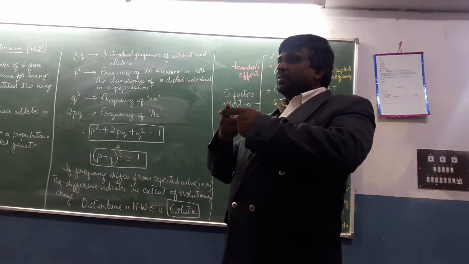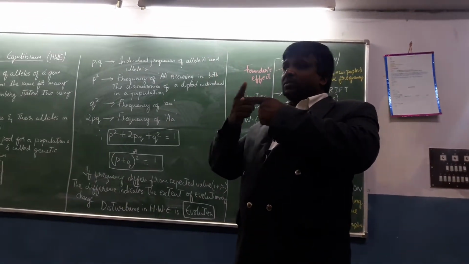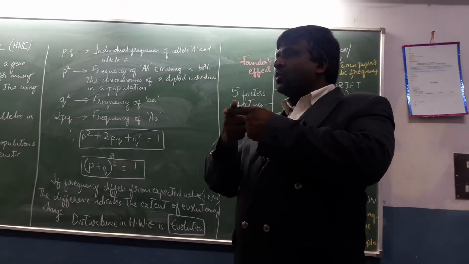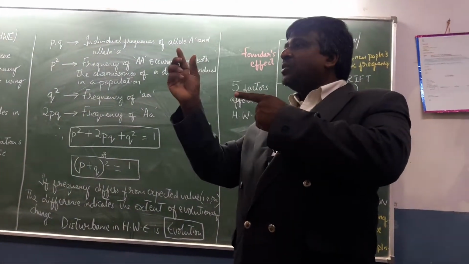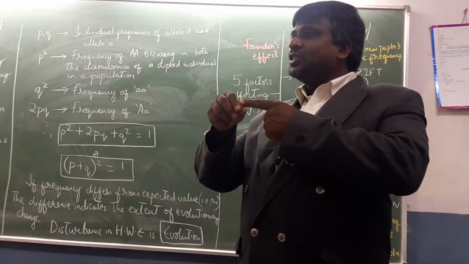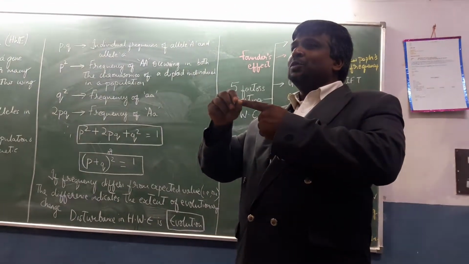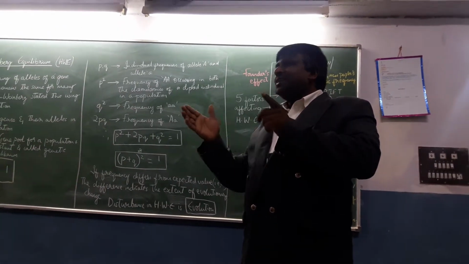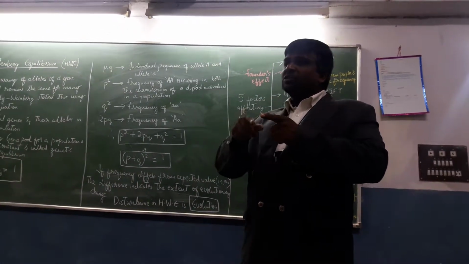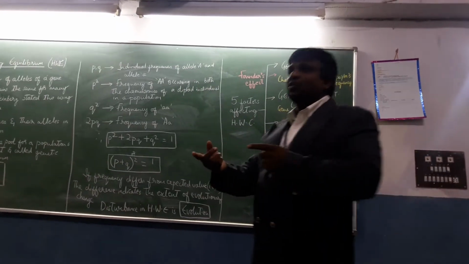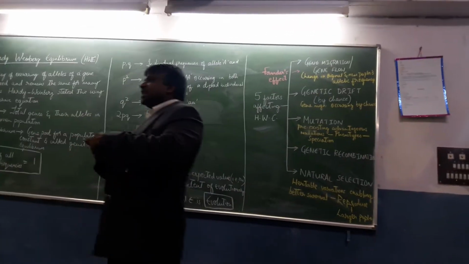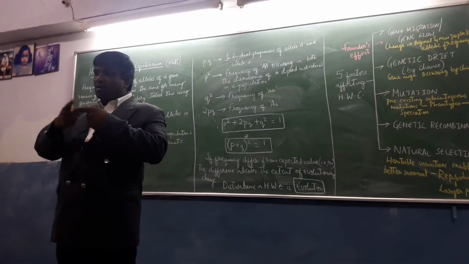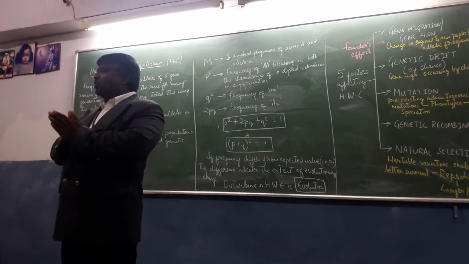Okay, chiasma. Non-sister chromatids are going to cross over. As a result, a fragment of the paternal chromosome gets attached to the maternal chromosome, and a fragment of the maternal chromosome gets attached to the paternal chromosome. And crossing over occurs only in homologous chromosomes.